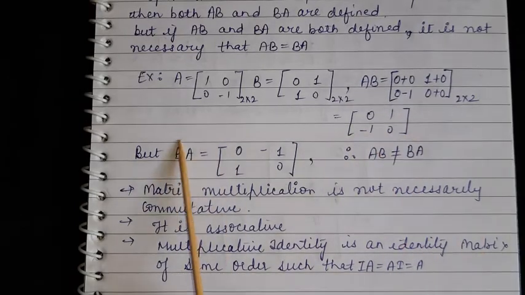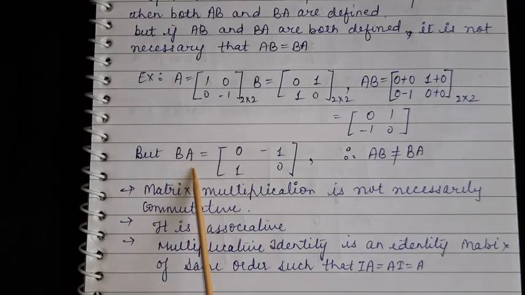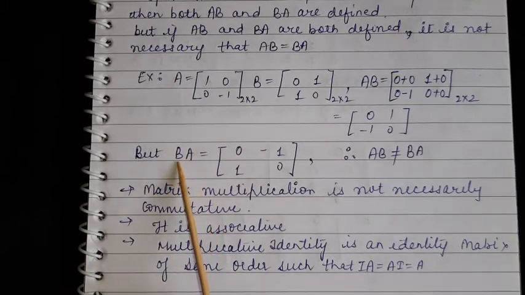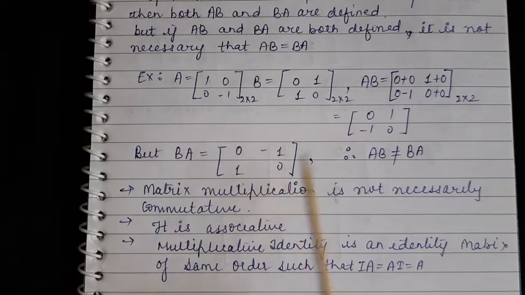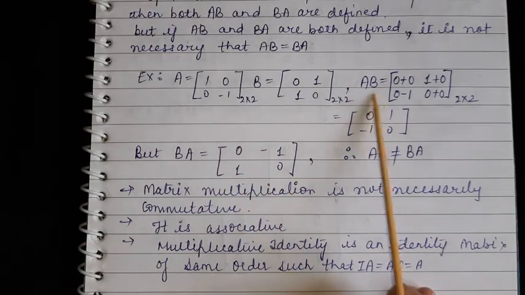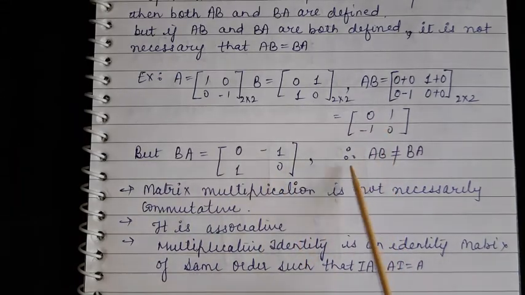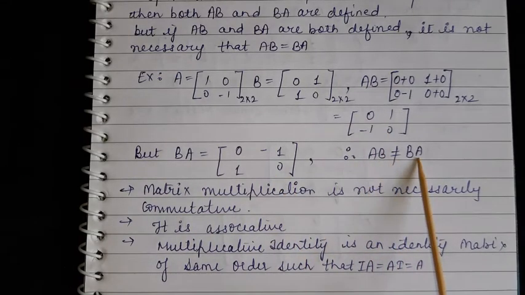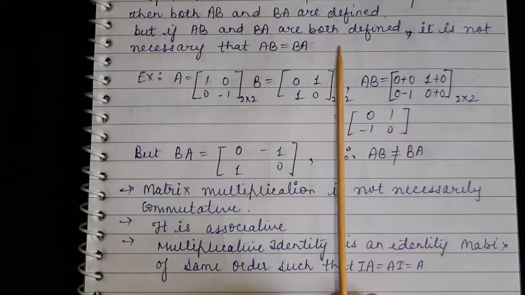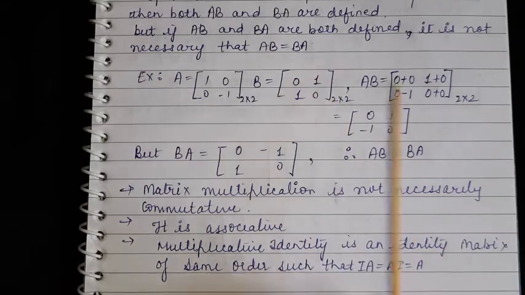Now we'll calculate BA by using the same method. When you calculate BA, it will be 0, minus 1, 1, 0. So we have seen that AB and BA are both defined but they are not the same. Therefore AB is not equal to BA. So we have to keep all these points in our mind.